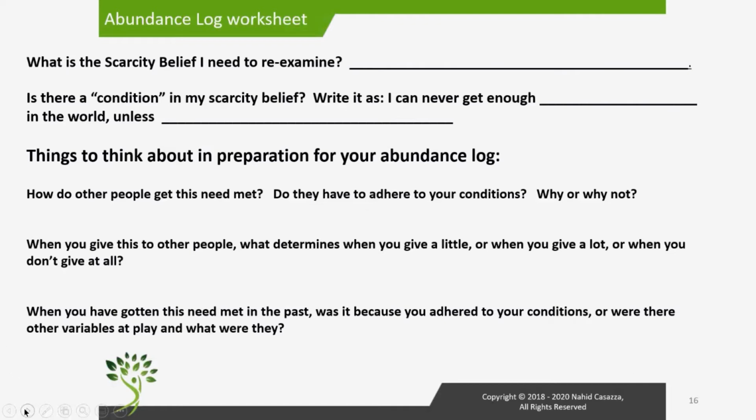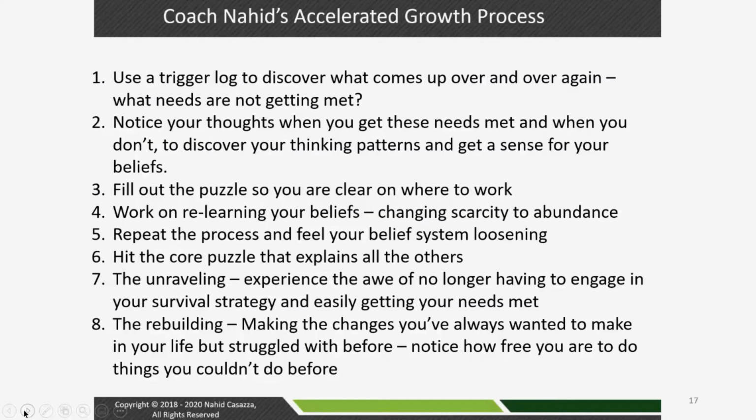So here is actually the whole process that we go through in my Accelerated Growth Program. First, we start by using a trigger log to discover what comes up over and over again, what needs aren't getting met. Then we have you work on getting a need met, the needs that you identify. You'll end up noticing your thoughts when you get these needs met, and what you'll discover is that you're actually blocking yourself from getting the needs met.